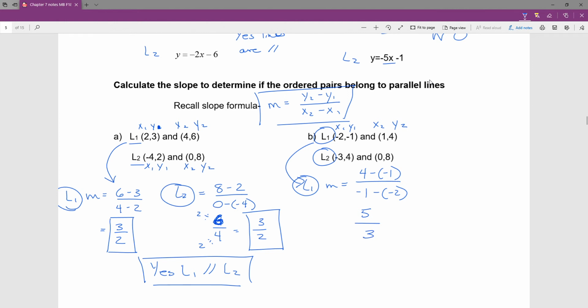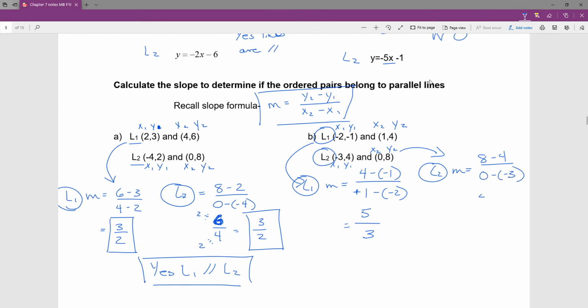Oh, shoot, what did I just do? Did I miss a negative? Oh, I put a negative in when I didn't need one in there. Okay, so 5 over 3 is my slope for that one. And then line 2, my slope would be 8 minus 4 all over 0 minus 3.